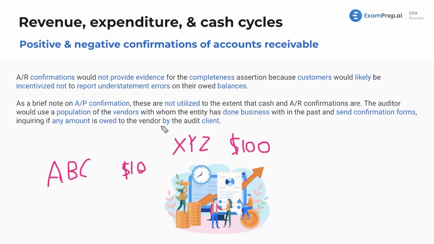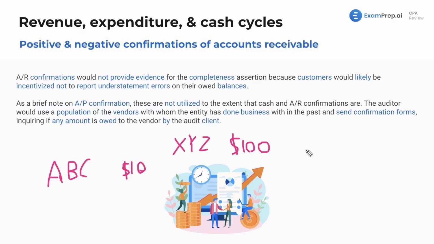The client will have a list of people that owe them money because, well, guess what? They want to report as many assets as possible, as many receivable balances. However, management has incentive to possibly understate expenses and understate AP. So their list of who they owe might not be complete.